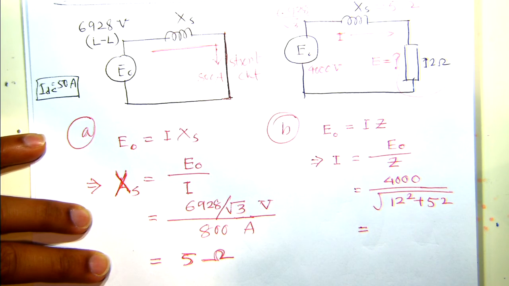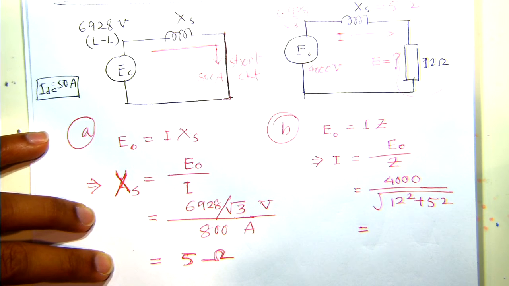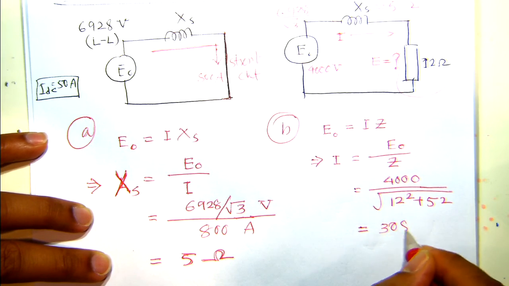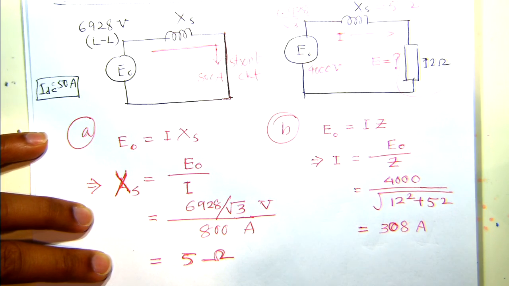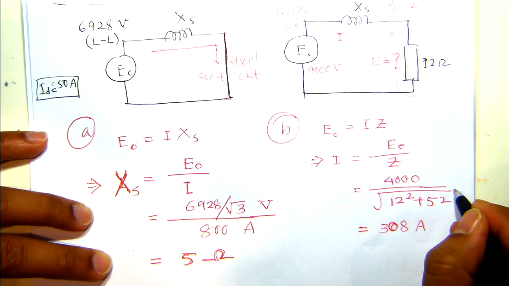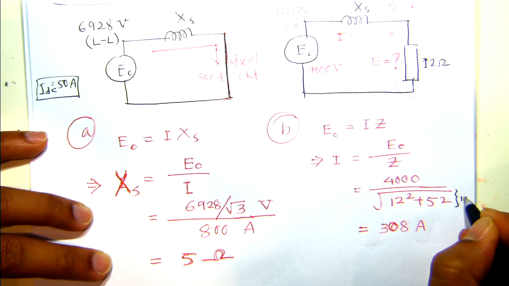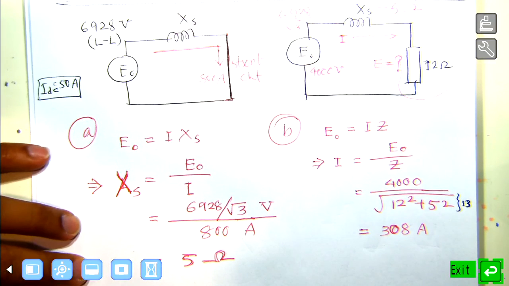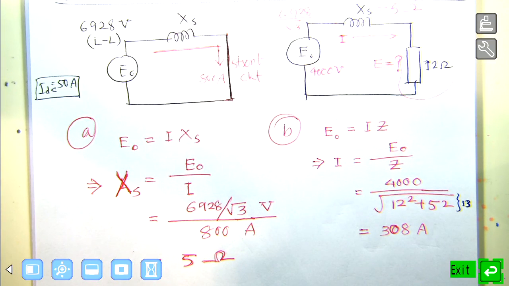This part becomes 13, which is giving us 308 ampere. So this is the current now.